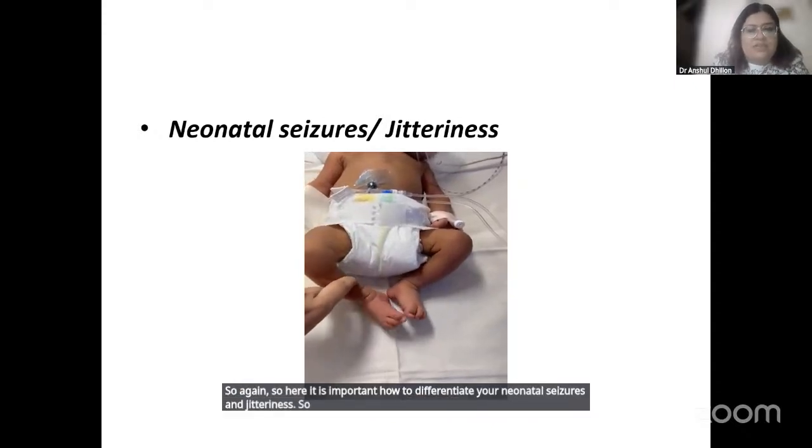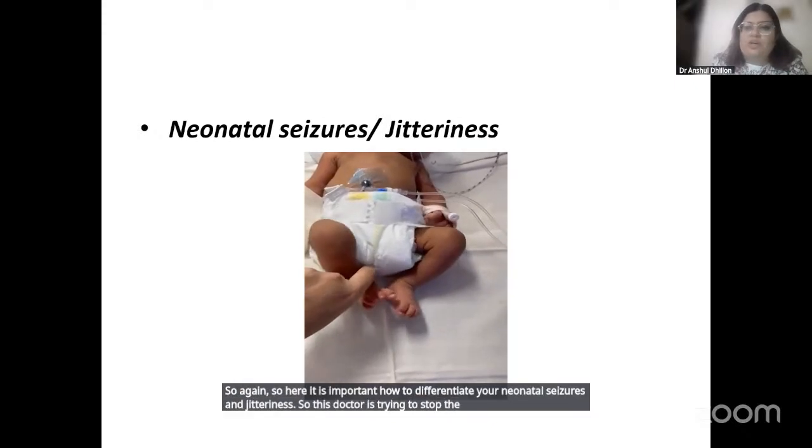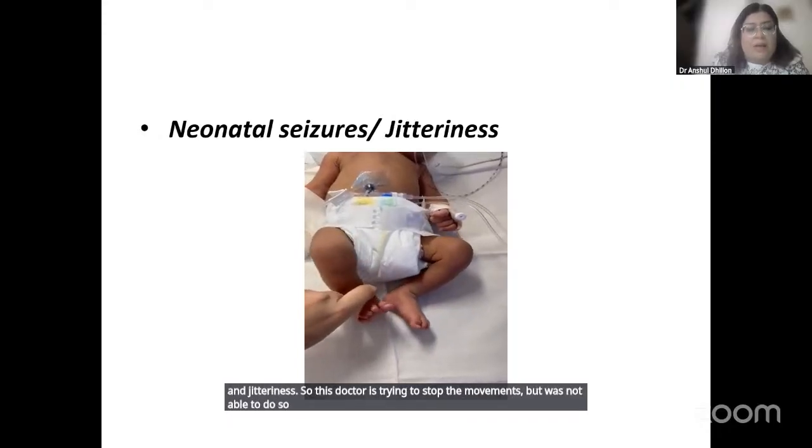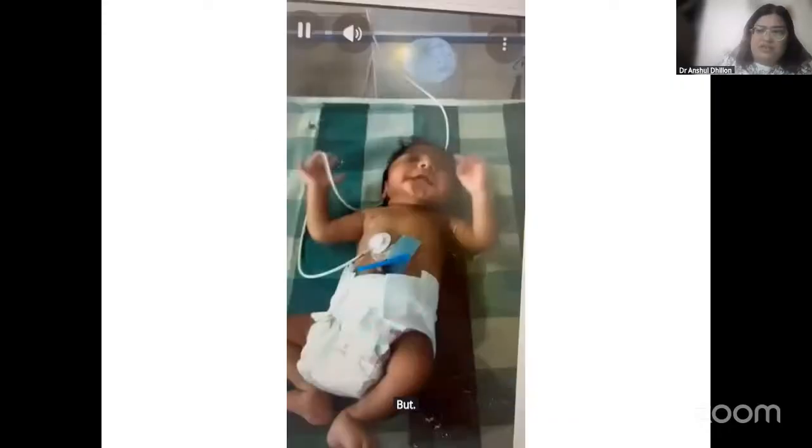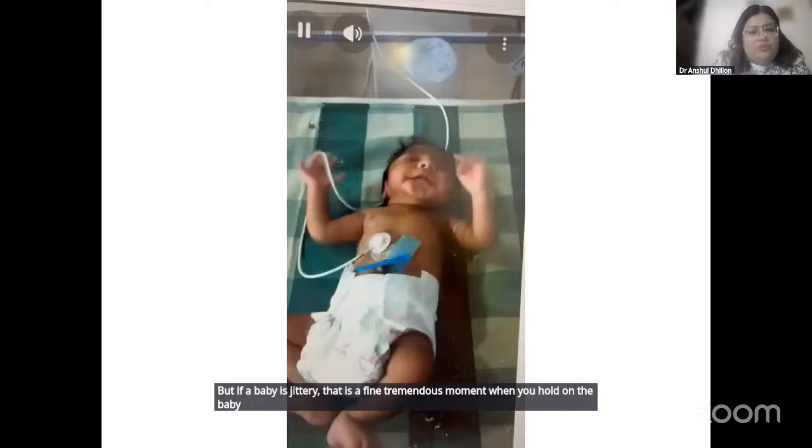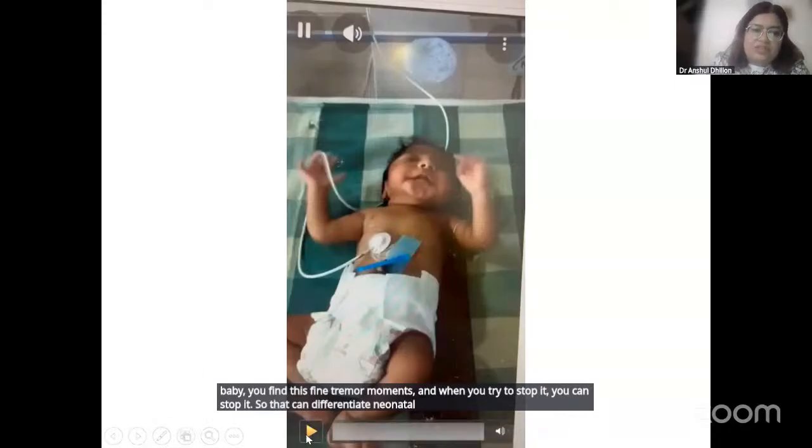This doctor has tried to stop the movements but was not able to. But if a baby is jittery, that is a fine tremor-like movement when you hold the baby. You find these fine tremors, and when you try to stop it, you can stop it. That can differentiate neonatal seizures from jitteriness. So here is the second video.